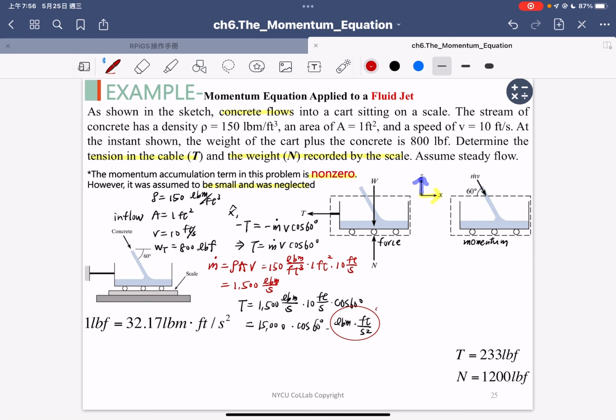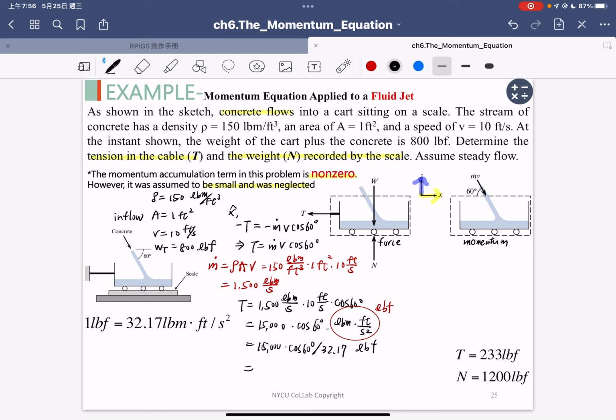We divide the answer by 32.17 to convert the unit to pound force.